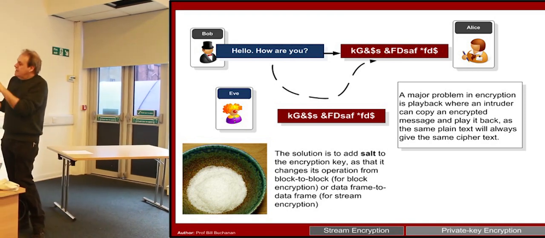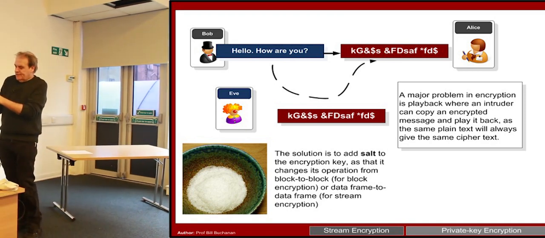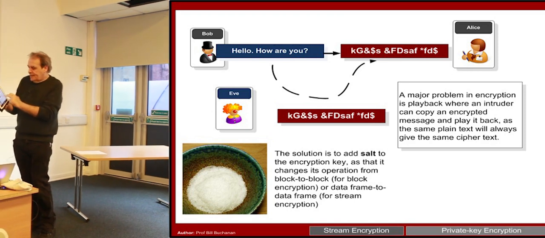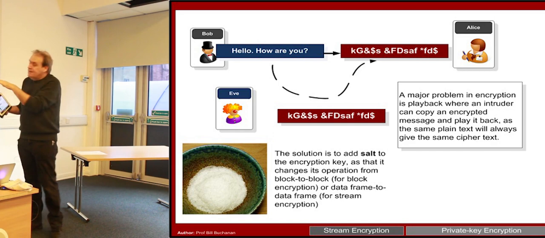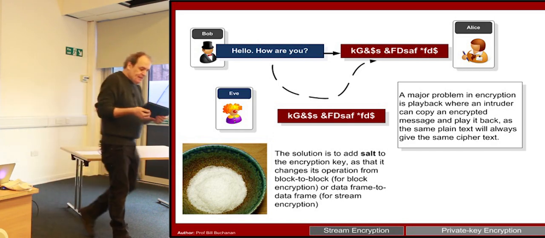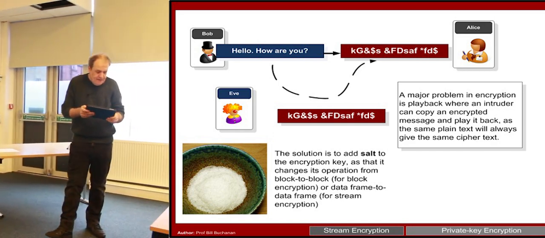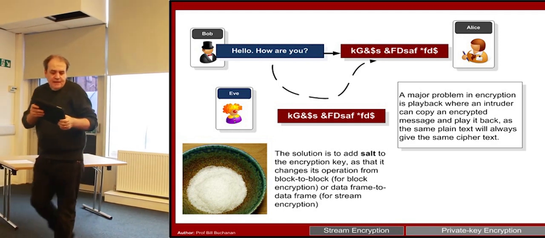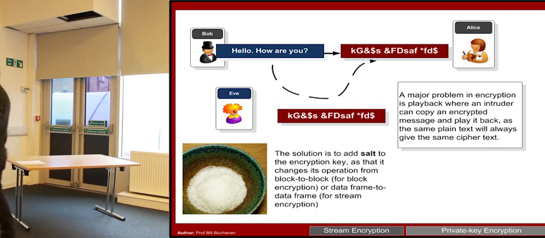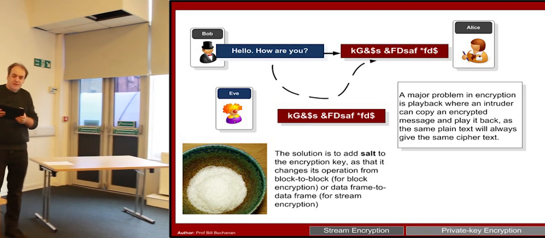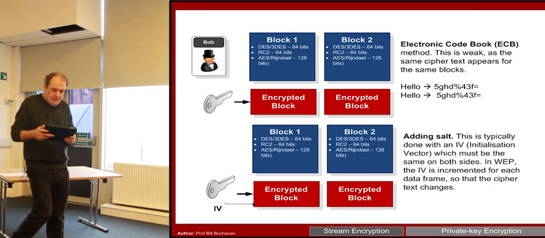So Eve doesn't have to decrypt the message. She can basically go ahead and copy and paste the ciphertext together. The solution to this, and we'll see this again with hashing, is to add salt into the cipher process.